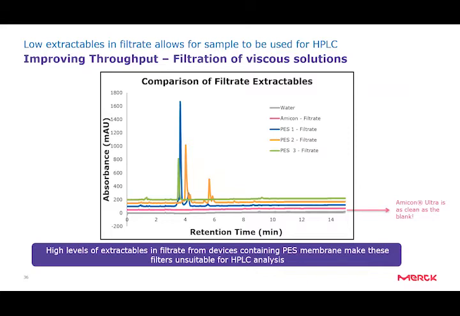As you can clearly see, the extract coming out of an Amicon Ultra device is almost as clean as the blank, whereas the extracts coming out of the PES-based ultrafiltration devices have higher levels of extractable peaks, which can cause problems in downstream HPLC analysis.